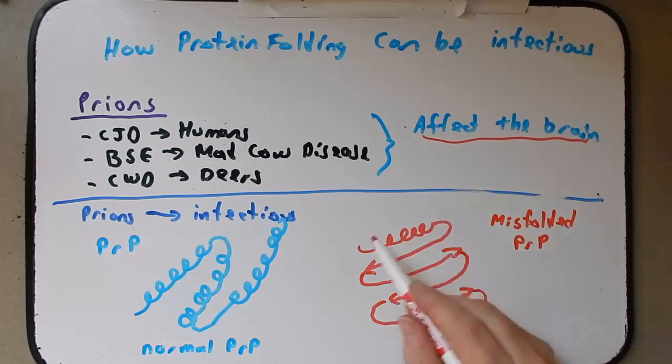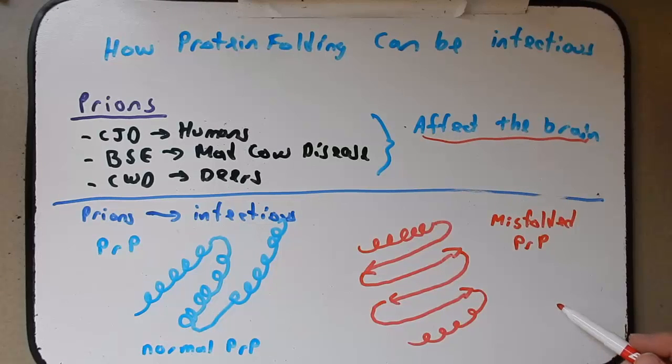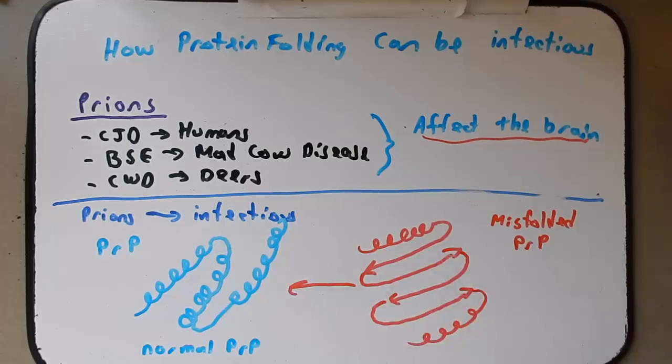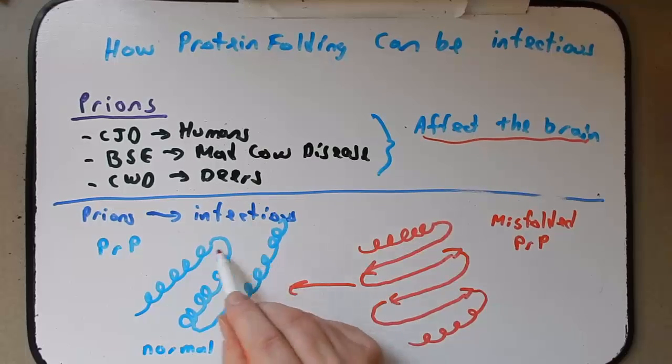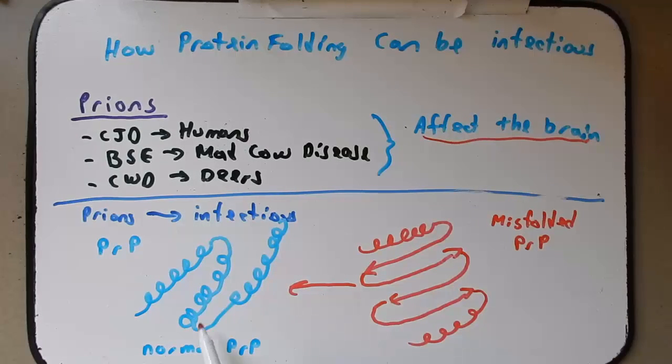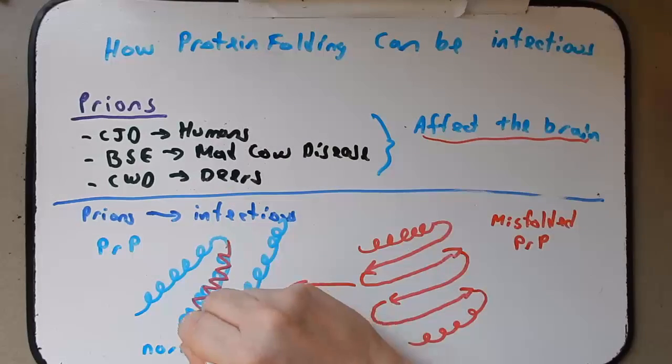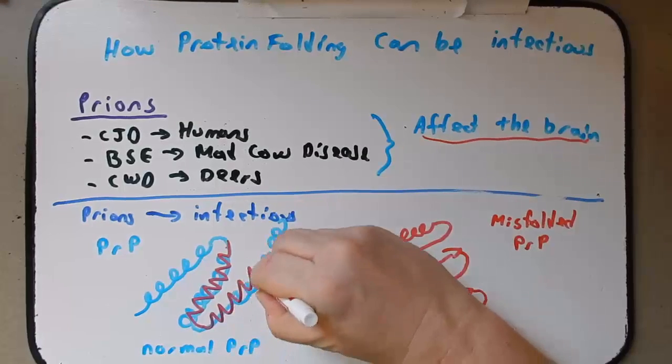Now, if it was just this protein that misfolded every now and then, it wouldn't be a problem, because proteins misfold all the time, and they're just degraded. But for some very interesting reasons, this misfolded PrP, the one that can cause the diseases, is infectious, meaning it can interact with the correctly folded PrP proteins and convert them into the predominantly beta-pleated sheet form.